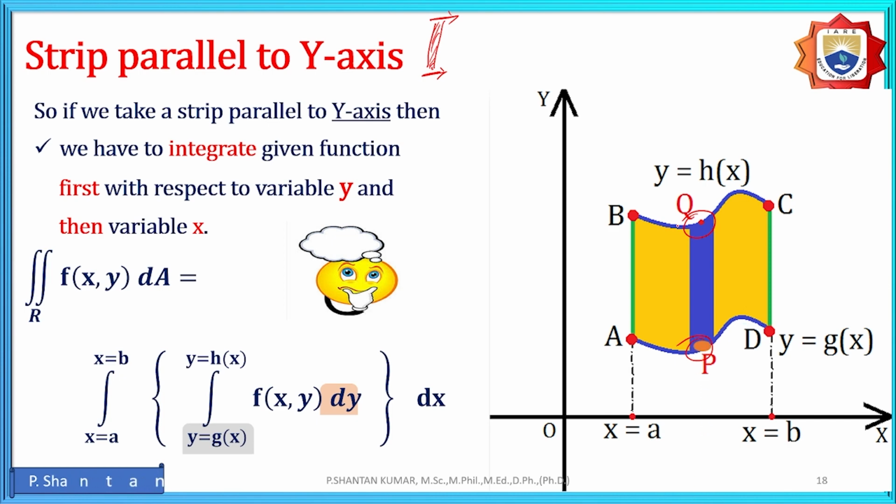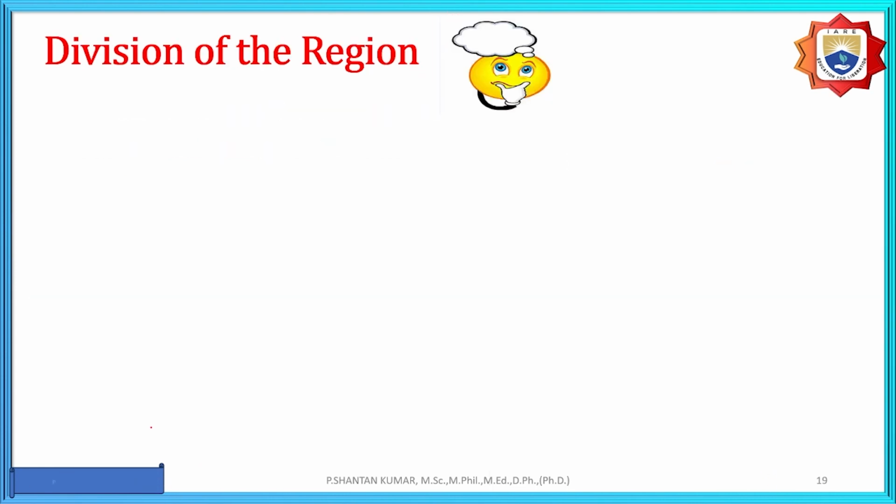After y in terms of x, lower and upper, for the rest of the terms we consider x: the left side point is x equal to a, and the right side point is x equal to b. That means we first integrate y in terms of x with respect to y, and then with respect to dx.